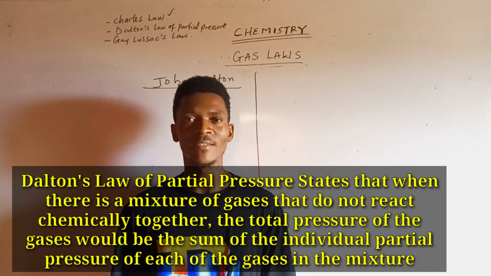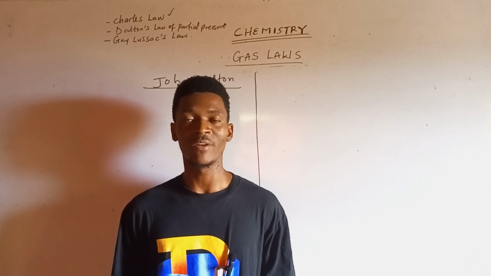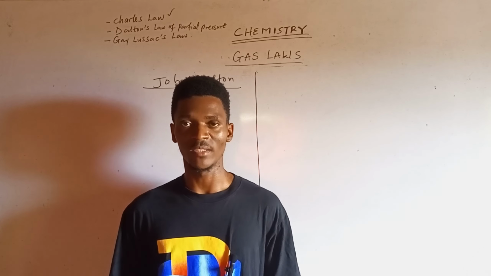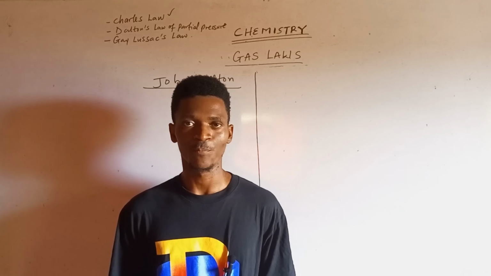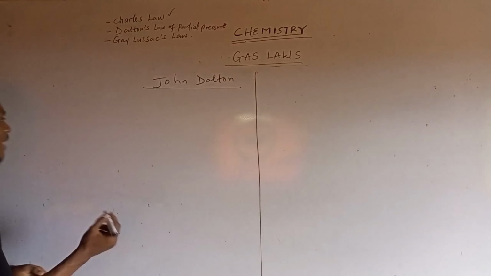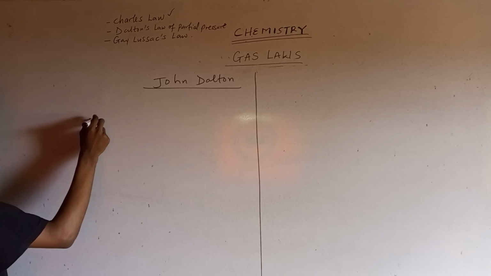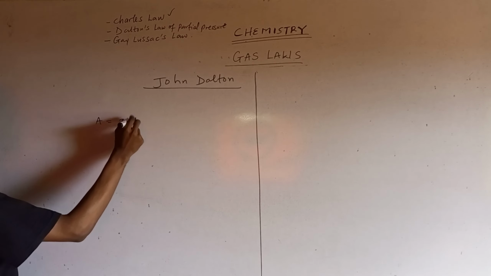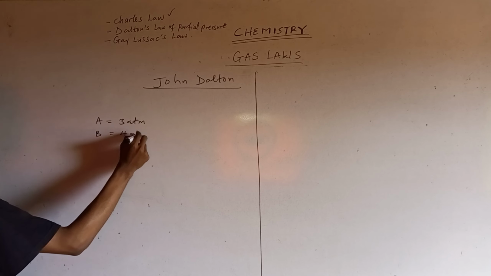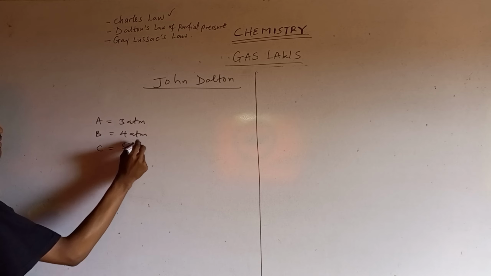All right? And one thing that you need to know about this Dalton's law of partial pressure is that there are relevant formulas that will be of help to you, especially for the calculations. Just like you can picture it this way, that if you are having, let's say, the pressure of gas A to be 3 atm, the pressure of gas B to be 4 atm, and the pressure of gas C to be 5 atm.